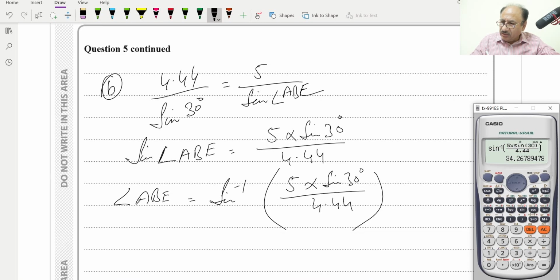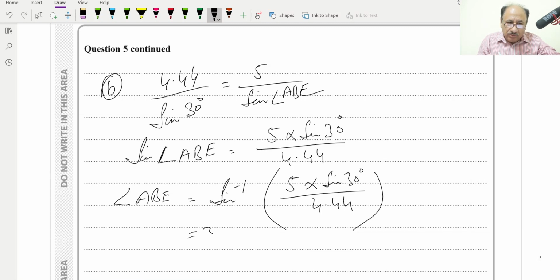This is equal to 34.26, which in three significant figures is 34.3, the rounded answer.